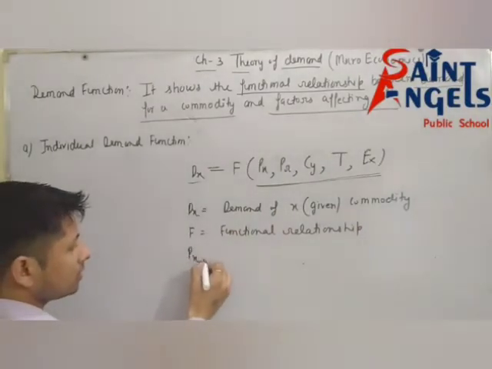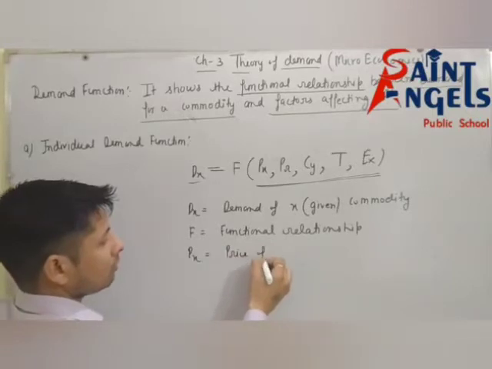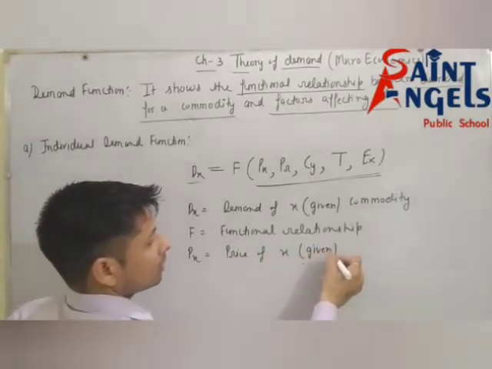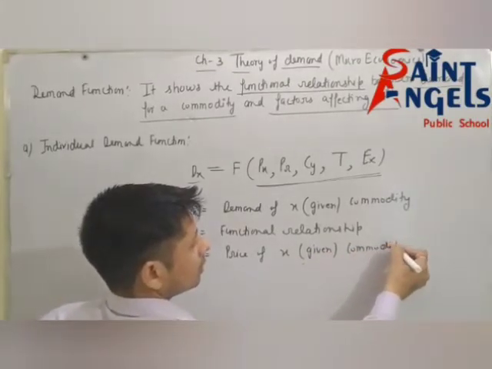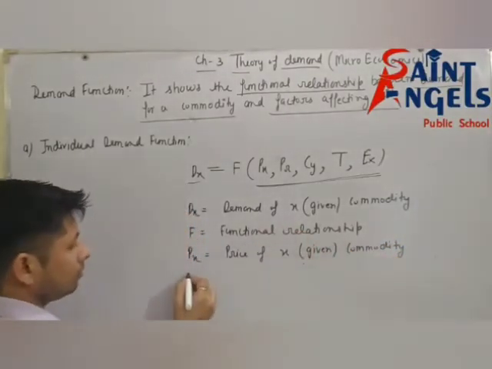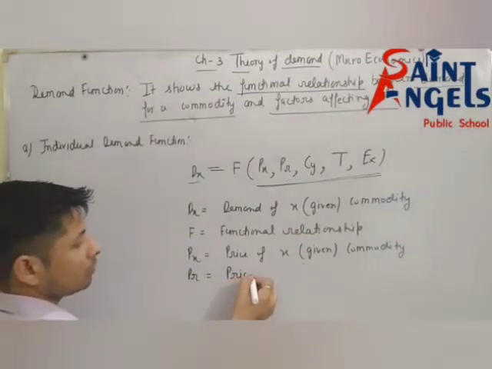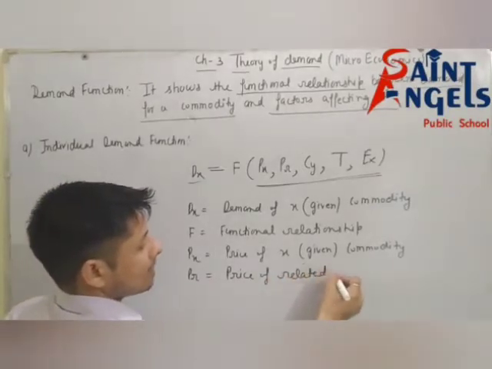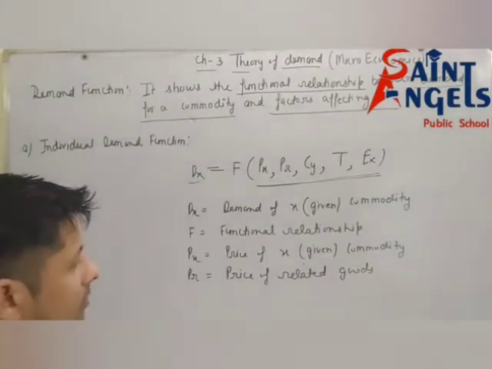Px means price of X, or you can say given commodity. PR means price of related goods.